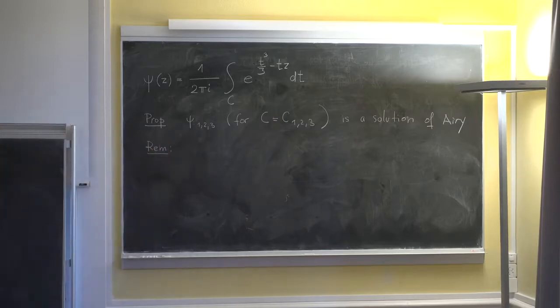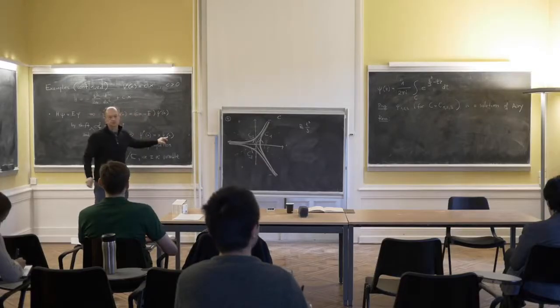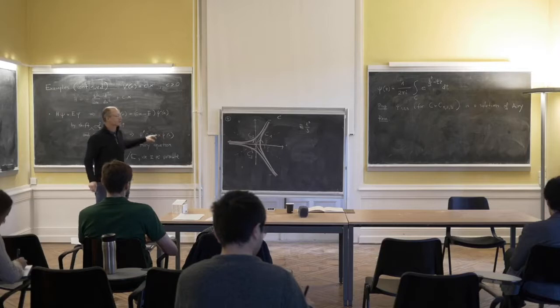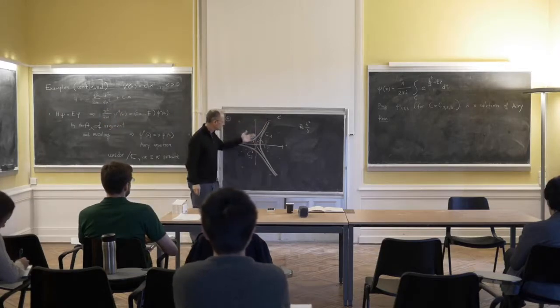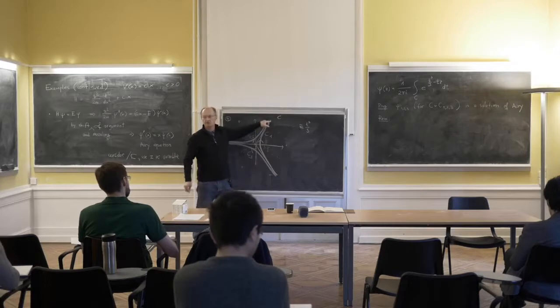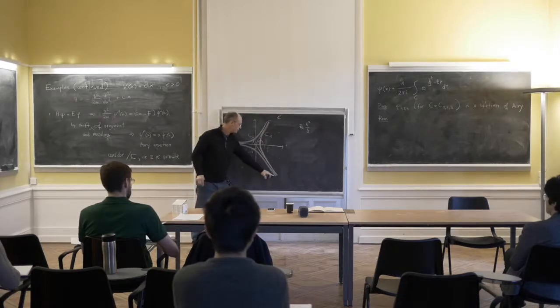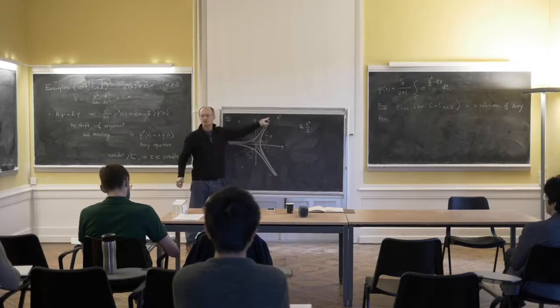Maybe first a small remark. Recall that we are supposed to have two linearly independent solutions. We don't need three linearly independent solutions, and it is easy to convince oneself that, for instance, the integral along the curve C1 is the same as the sum of integrals over the curves C3 and C2.